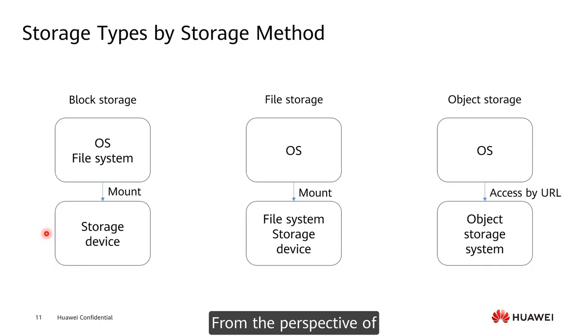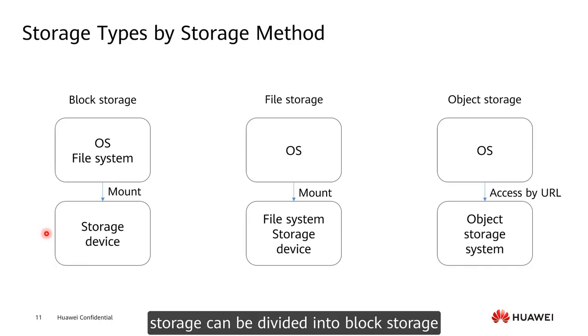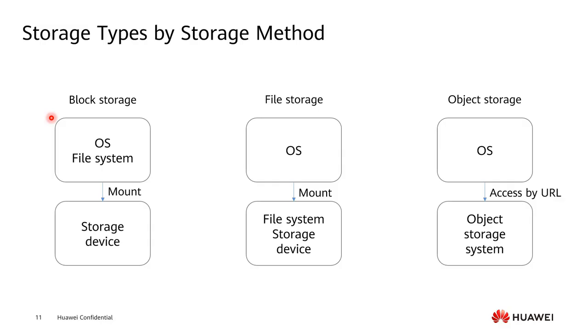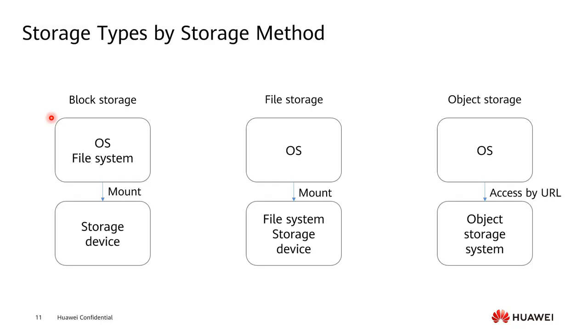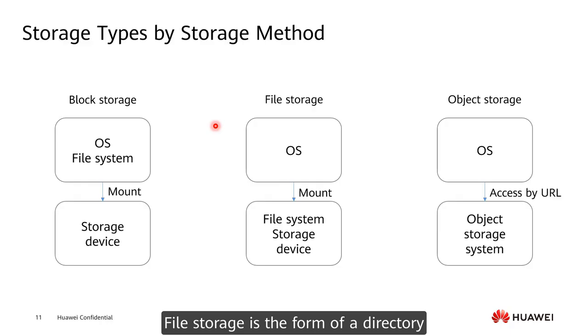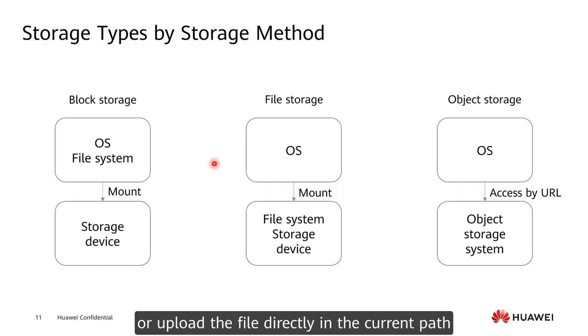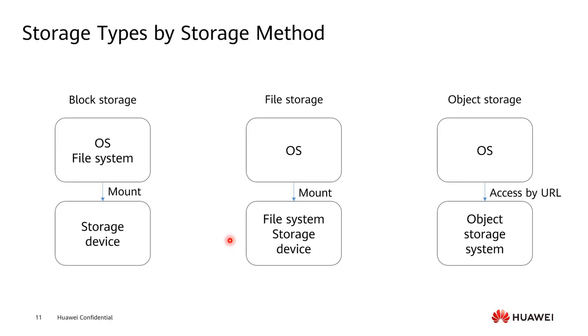From the perspective of data storage method, storage can be divided into block storage, file storage, and object storage. Block storage presents the bare disk to the computer as if it were a new hard disk. The hard disk can be used only after it is partitioned and formatted by the operating system. File storage is in the form of a directory. When a user uses it, they can create a new subdirectory or upload a file in the current path.